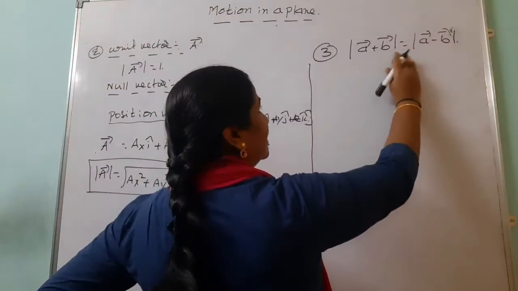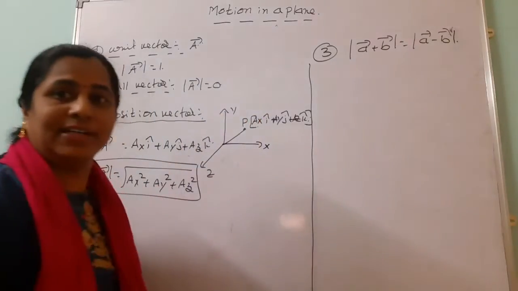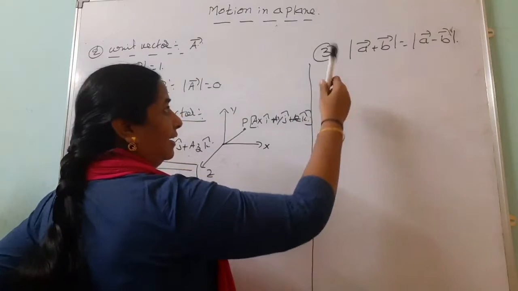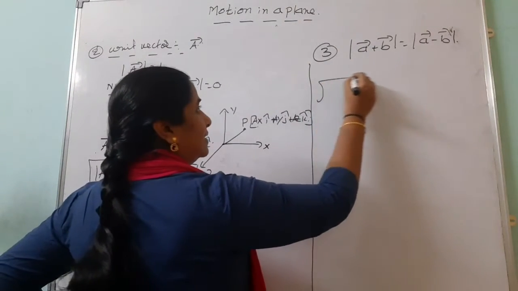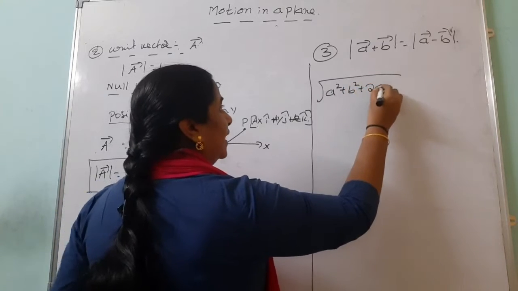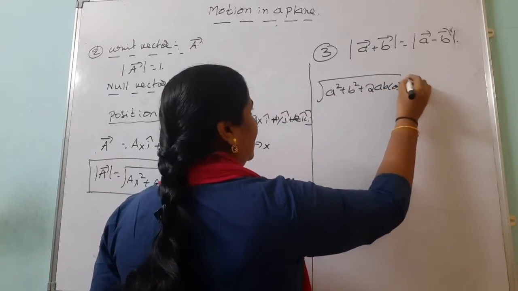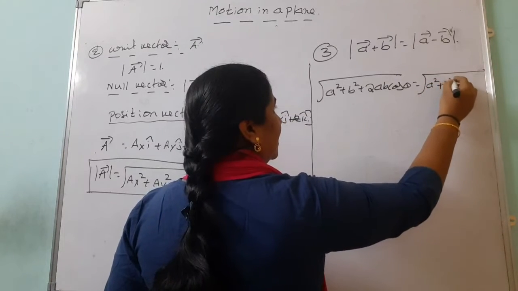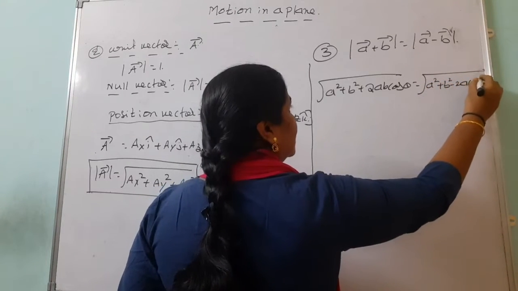Here, just now we discussed the parallelogram law of addition of vectors. So the resultant of these two vectors, instead of p square, we write a square plus b square plus 2ab cos theta. On the right-hand side there is a minus, so a square plus b square minus 2ab cos theta.